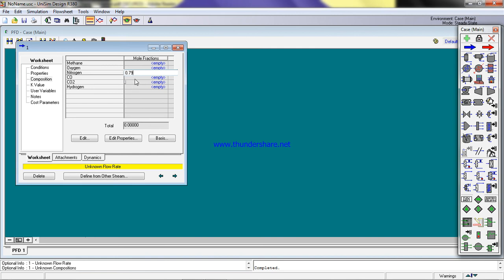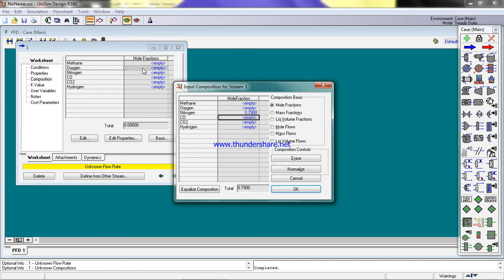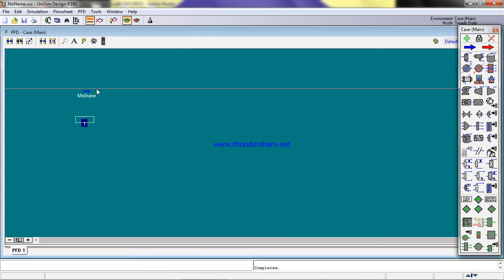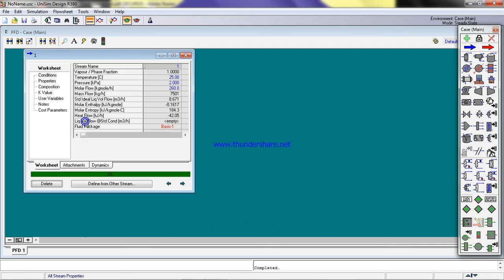Then for oxygen in the air, that will be 21%, and that should balance up to 100. So in terms of mole fraction, that's what you have. So that is solved. We have the 2 streams, except that we didn't change the name here. So we come here and change the name and put air.